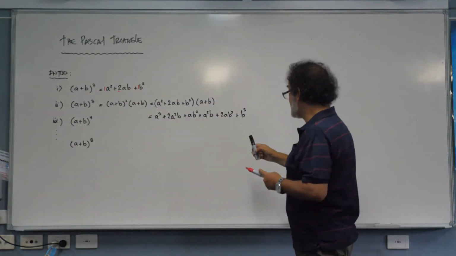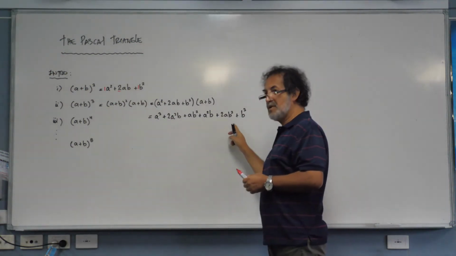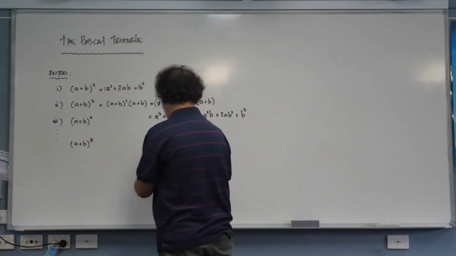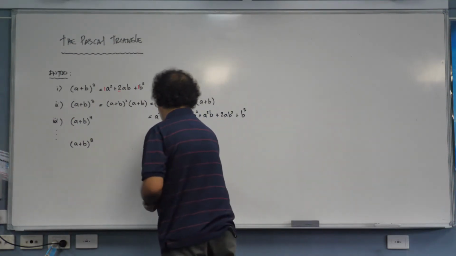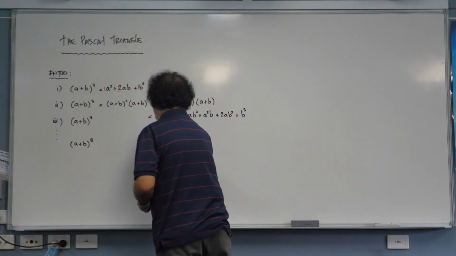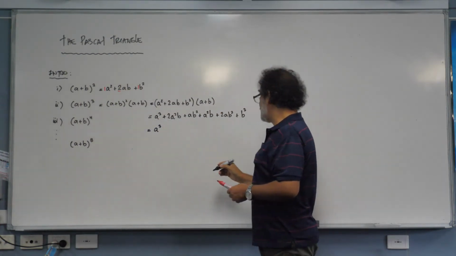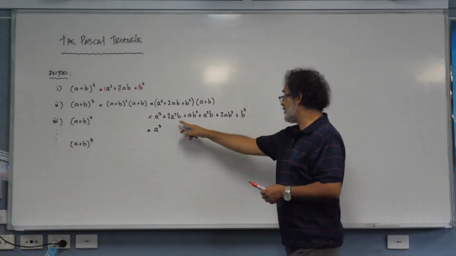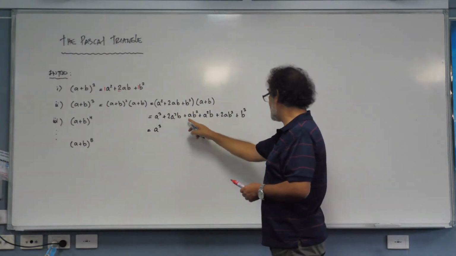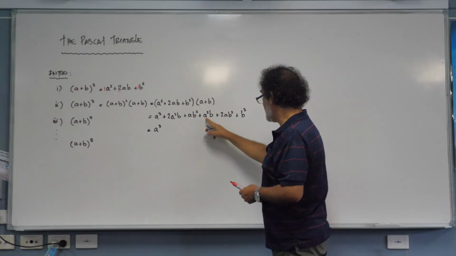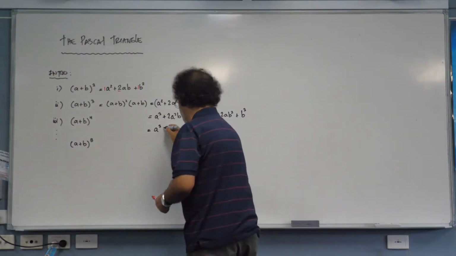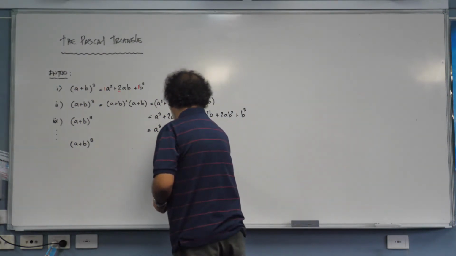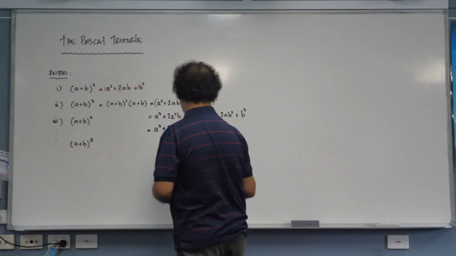Okay, if we simplify this, see what happens. Do we have any like terms? Yes. We have 2a squared b, and here we have another a squared b, so altogether it's 3a squared b.